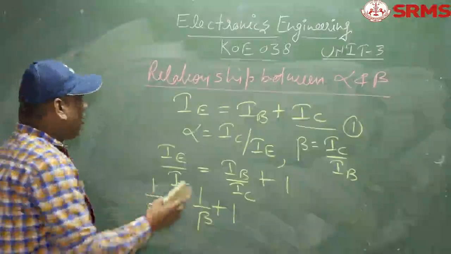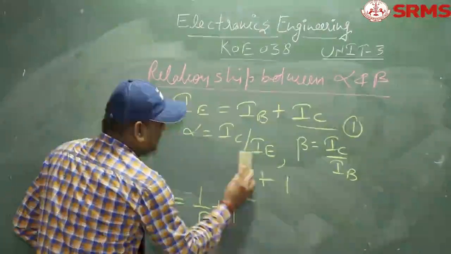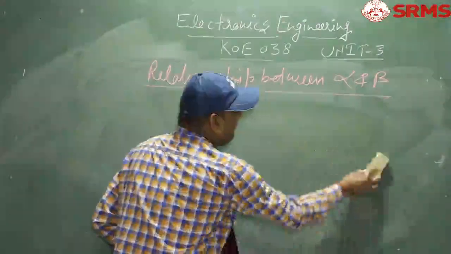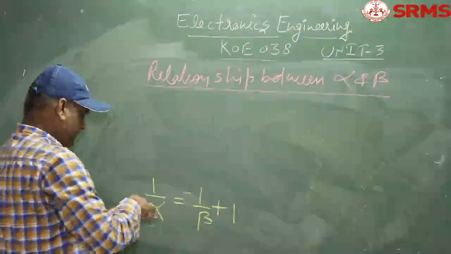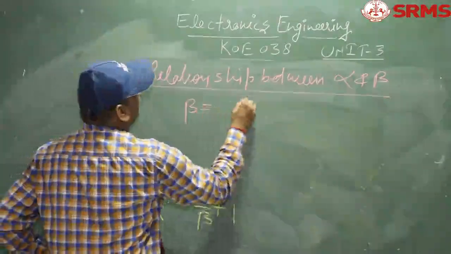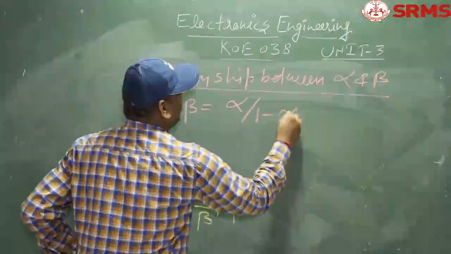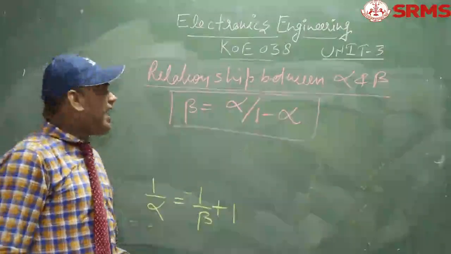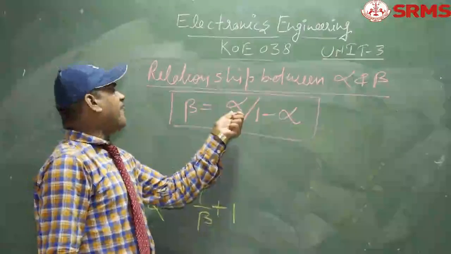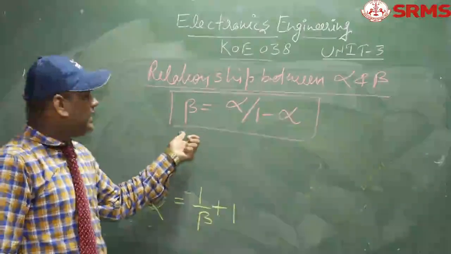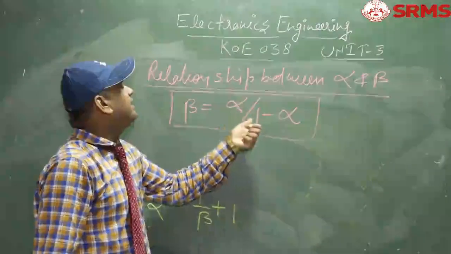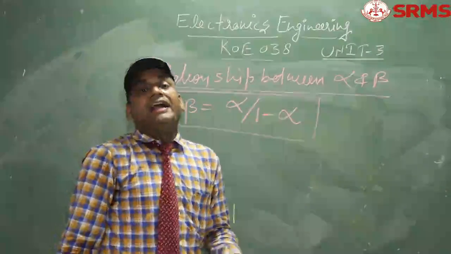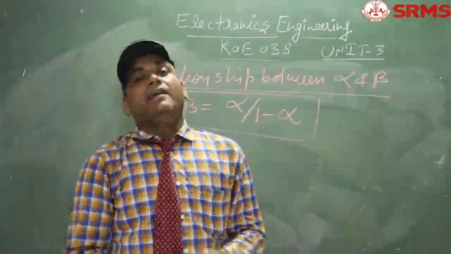And if you will solve it and rearrange it, what we are getting? Beta is equal to alpha divided by 1 minus alpha. Is that clear? And you can also define the value of alpha in terms of beta. Is that clear? So beta is equal to alpha divided by 1 minus alpha, and this current relationship is very important.